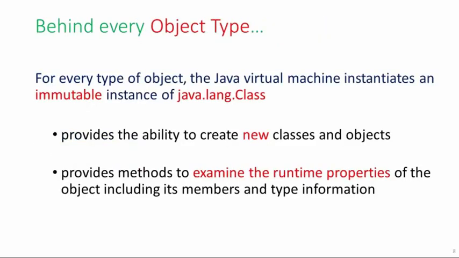The interesting thing, and what we are going to use a lot in this module, is that we have also a class in the Java standard hierarchy that represents classes. The name is java.lang.Class. As a matter of fact, for every type of object that you have in the JVM, you are going to actually instantiate an immutable instance of that class.